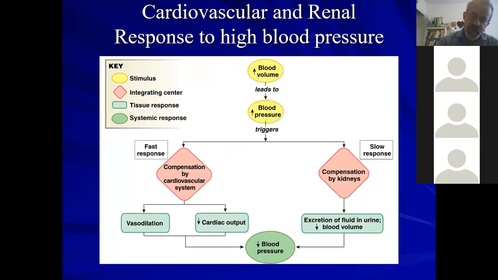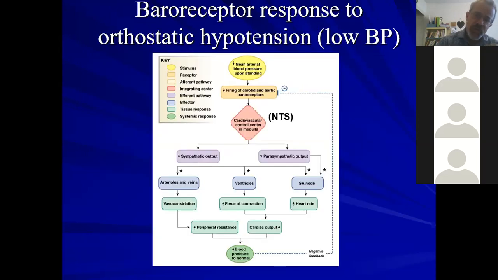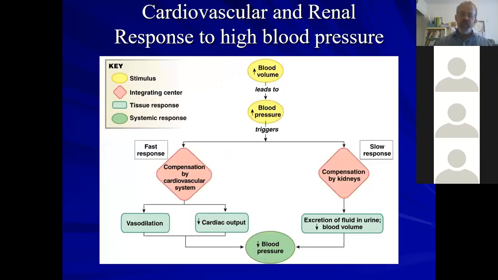All right. So what we just spoke about was the immediate response to blood pressure changes. But there's also a long-term response, and this is actually the role of the kidneys. If you take a look at this picture, this is the response to high blood pressure.